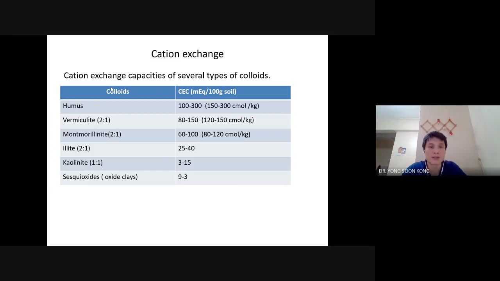I think this table is going to help you greatly because these are the usual or common CEC values for clay as well as humus. I don't think I need to explain too much. Coming back to what I told you earlier, if a farmer wants to increase fertility, they are not adding clay, they're adding organic matter, because humus is an organic matter.